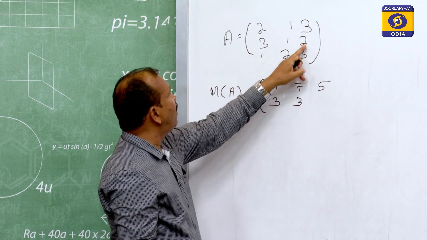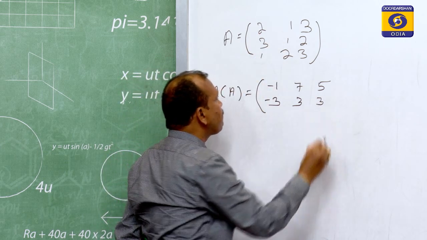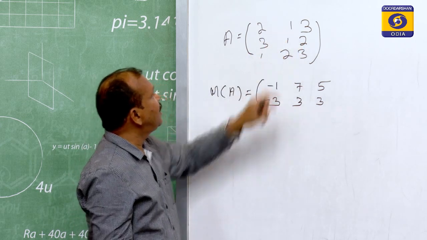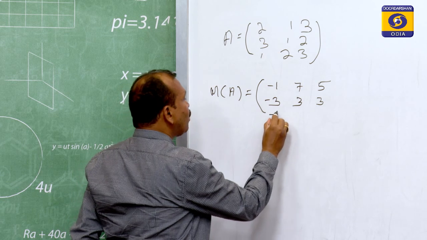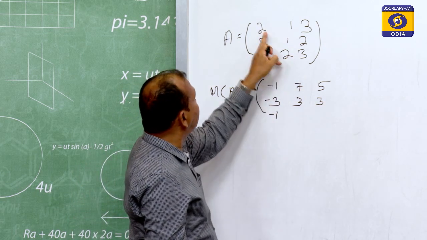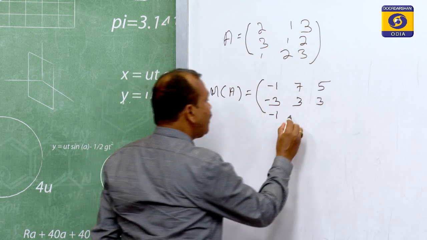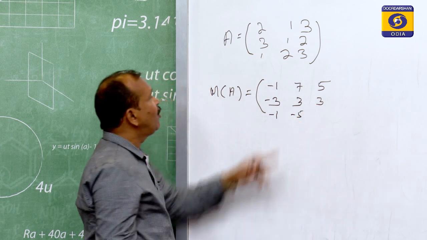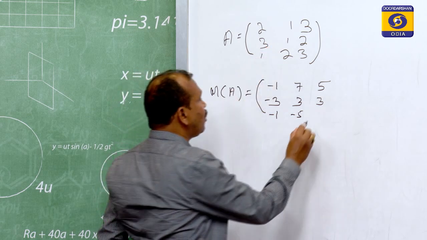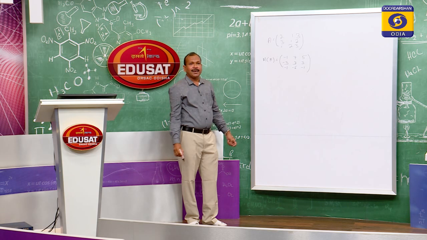Minor of 2 means 4 minus 1, that becomes also 3. Minor of 1 becomes 2 minus 3, that becomes minus 1. Minor of 2 means 4 minus 9, that becomes minus 5. Minor of 3 becomes 2 minus 3, that is equal to minus 1.